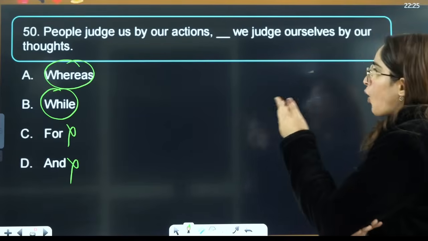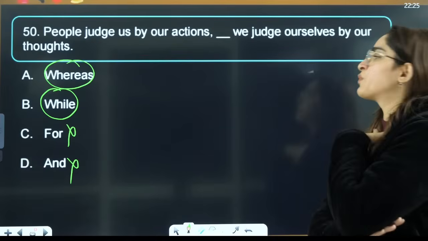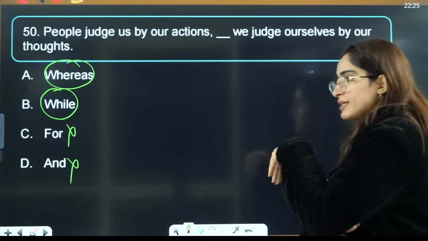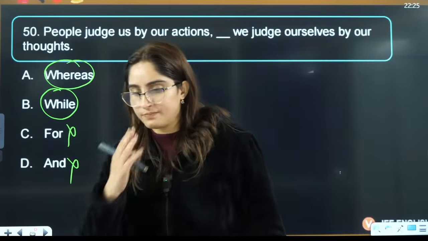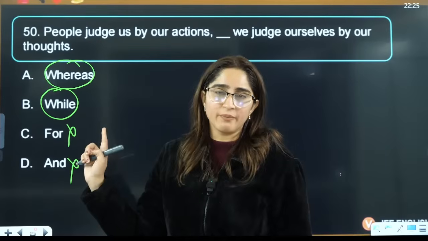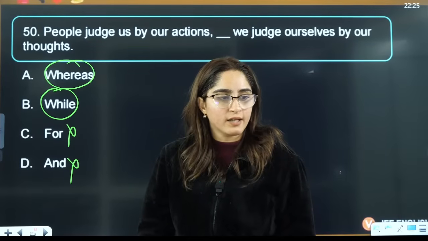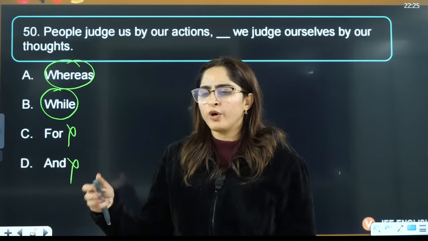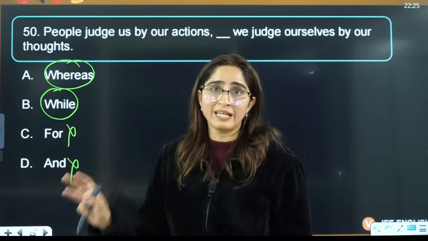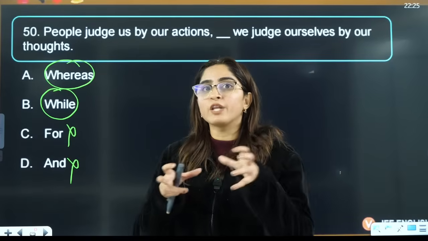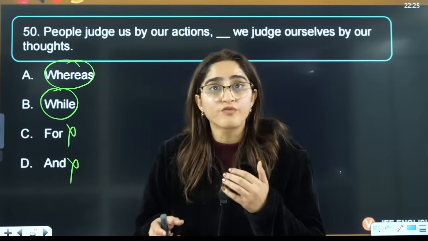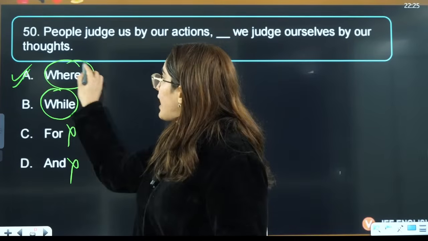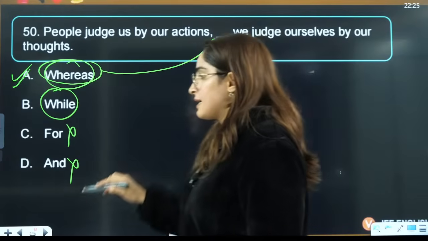We are doing the opposite: they do this, whereas we do this. "While" is like, I am doing this while you are doing this; it is not applicable here. For example, she was doing my homework while I was watching TV. In the same state, when you are doing something at the same time, that's when you use "while." So here the more appropriate one is "whereas."